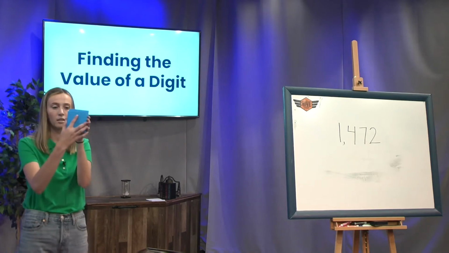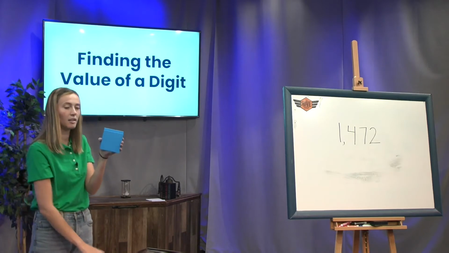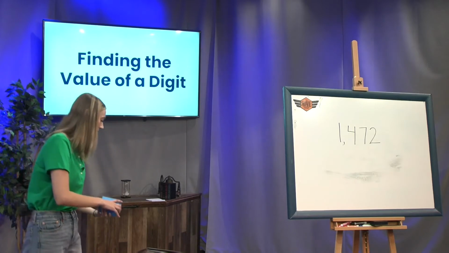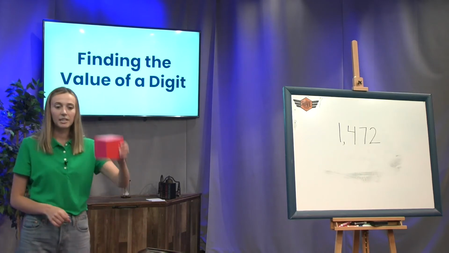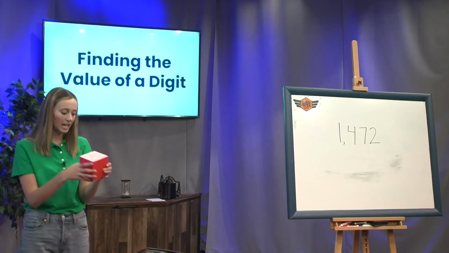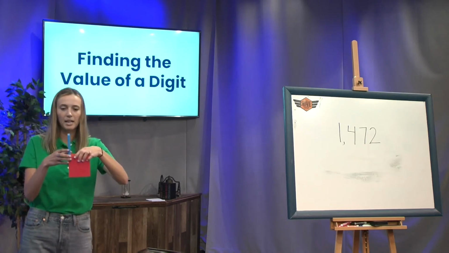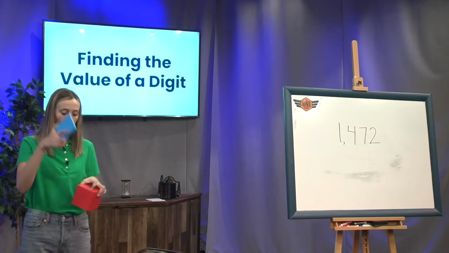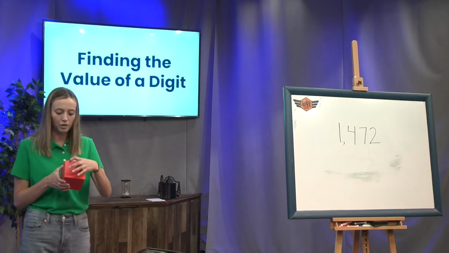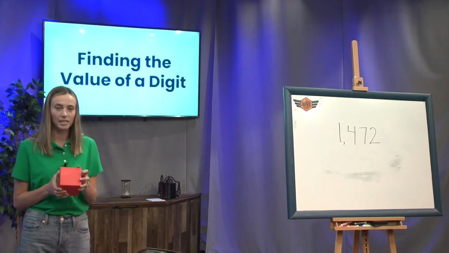So 100, 200, 300, 400. Set this here. And then for 1,000, here's my thousands block. And this 1,000 has, if you can see here, I'll point it this way, it needs 10 of these. And remember, this is 100, so it has 100, 200, 300, 400, 500, 600, 700, 800, 900, 1,000.